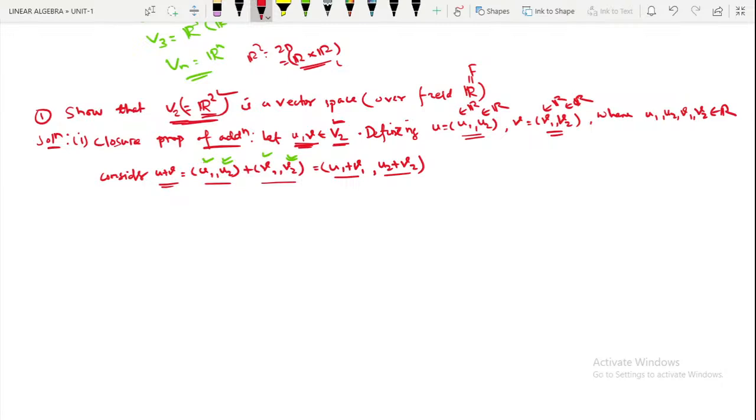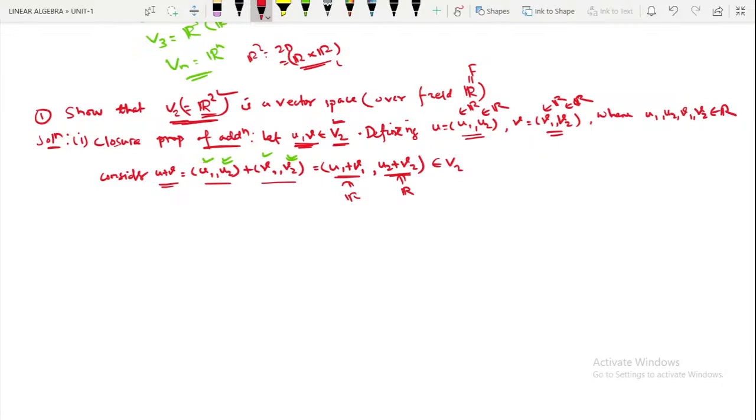So u1 plus v1 must belong to R and u2 plus v2 must belong to R. This is an element of R, and this is another element of R. So this ordered pair must belong to R2, that means it belongs to V2. Okay, so this property is satisfied.